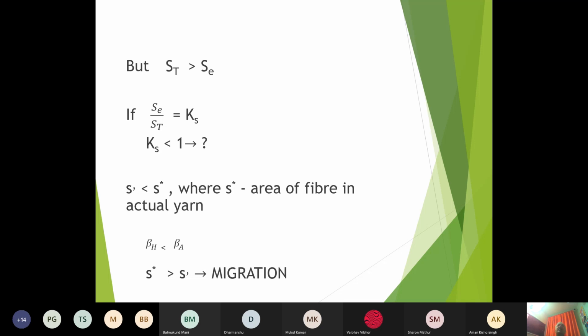It means the important issue is that we also have to consider the radial position of the fiber in the yarn, how fibers are placed from the yarn axis. That is going to decide both things. If fibers are more inclined, the number of fibers in the cross section will be lesser, but the area of individual fiber will increase. The total area depends on the number of fibers as well as the average area of the fiber in yarn cross section.